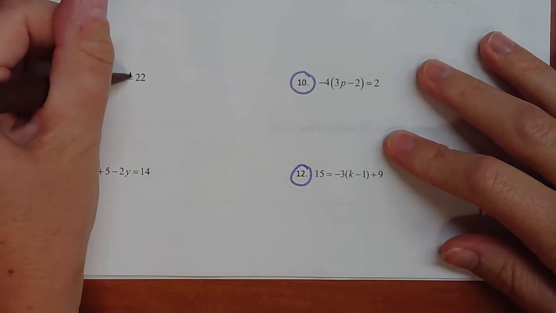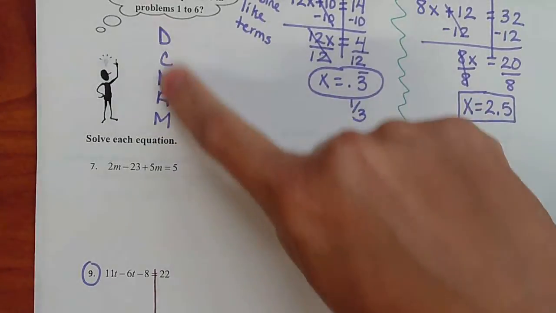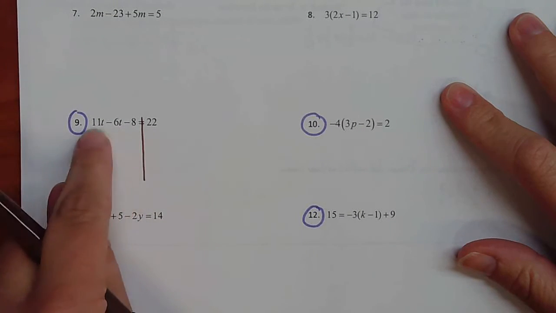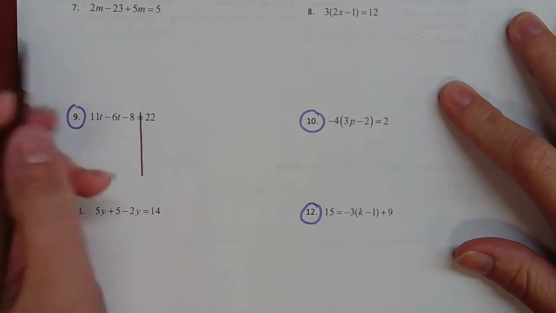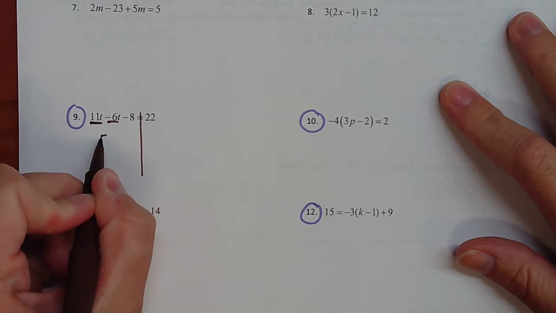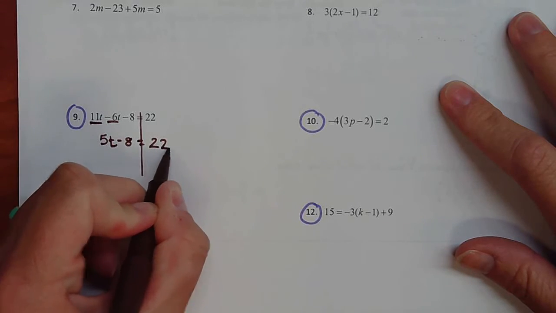So for number 9, I'm going to draw my line down first. If I have the "don't call me after midnight" going on here, I don't have any distributing. I do have some terms that I can combine together. 11 minus 6 is a 5t minus 8 equals 22.